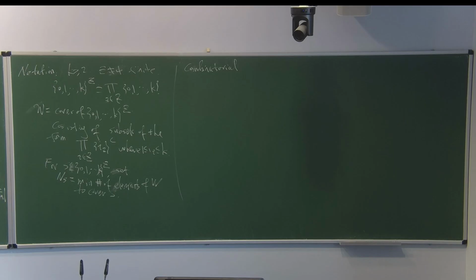So F1 is a Følner sequence of gamma, so that means the size of SF1 symmetric difference with F1 divided by the size of F1 goes to 0, as n goes to infinity, for every S in gamma. And the entropy is defined as this, taking a logarithm divided by, let me write it here, the limit.